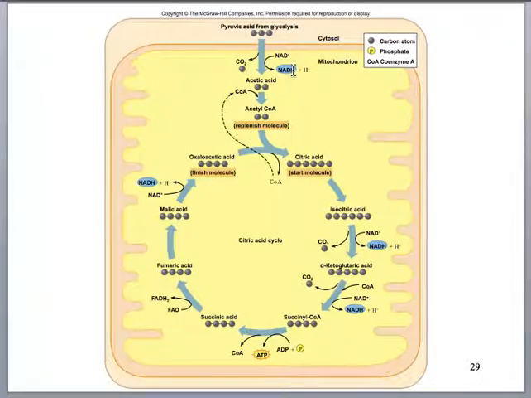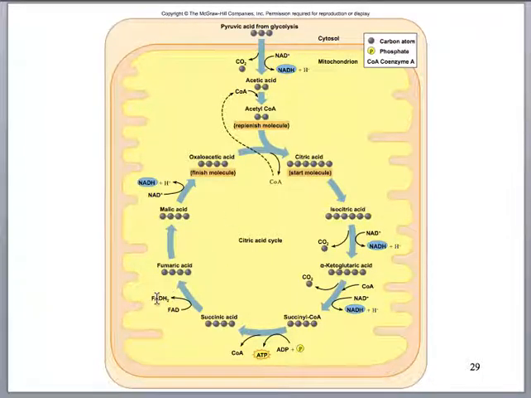We got 2 NADHs from glycolysis, 2 NADHs from this step, and 6 NADHs from 2 turns of the citric acid cycle. So that means we have 10 NADHs that we have synthesized from glycolysis and the citric acid cycle. Wow, that's a lot of NADHs. We've also generated a few of these FADH2s.